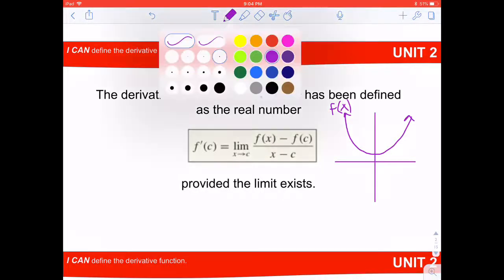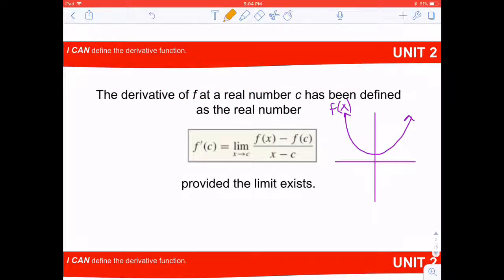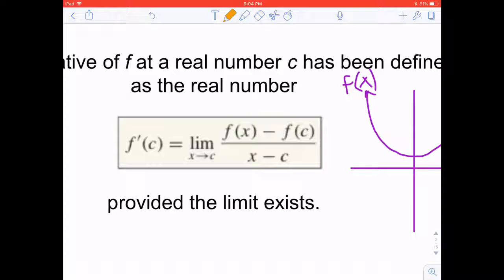The derivative is going to be a number, and this number is defined by the slope as our x is approaching some c value.